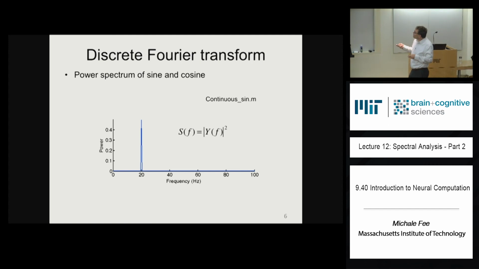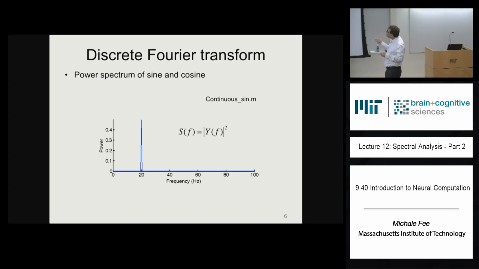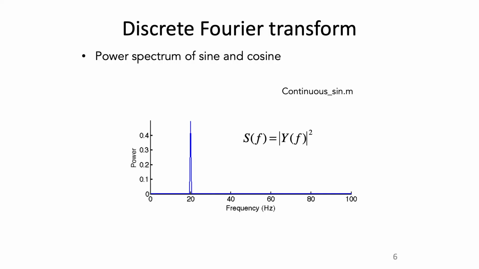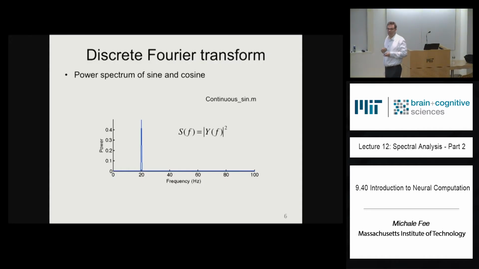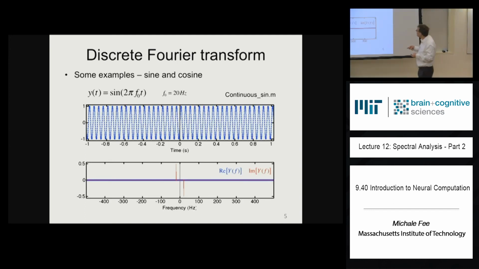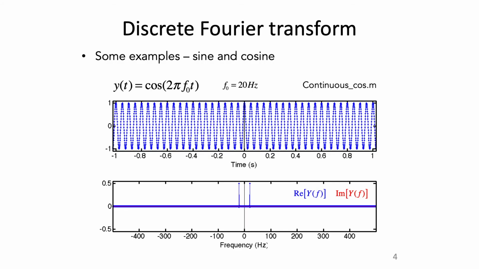Now we introduced the idea of a power spectrum, where we just take the Fourier transform and take the square magnitude of that Fourier transform. You can see that the power spectrum of the sine and cosine function is just a single peak at the frequency of the sine or cosine. That's because the sine and cosine have a peak at plus 20 hertz.